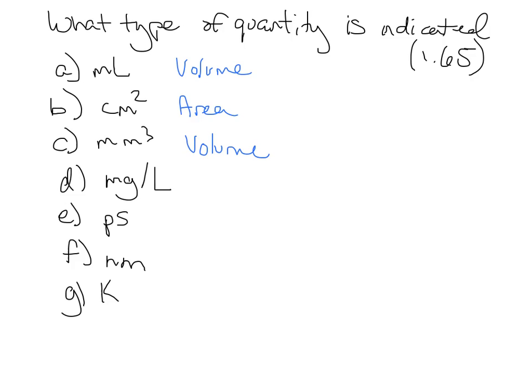Okay, milligrams per liter, that's a combined unit. What does milligrams measure? Okay, milligrams itself is mass. Liters is volume, so mass over volume means this is a density. What about PS? Time. Yeah, what does the P stand for? Pico. Yeah, pico. So what's the power associated with that?